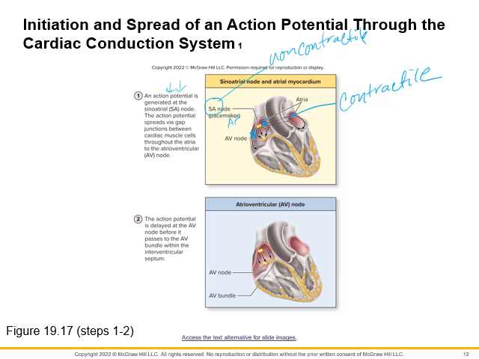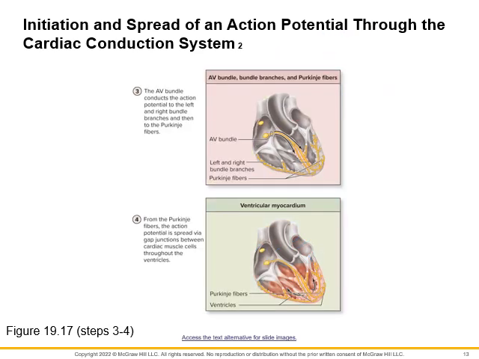So you can see the SA node has now talked to all of the atria, and the action potential from the SA node is going to reach the AV node. Then it's going to pass down the bundle, wrap around both of the ventricles. In image 3 here, you can see the AV bundle is then passing the message. The AV bundle splits to the right and left ventricle muscle.